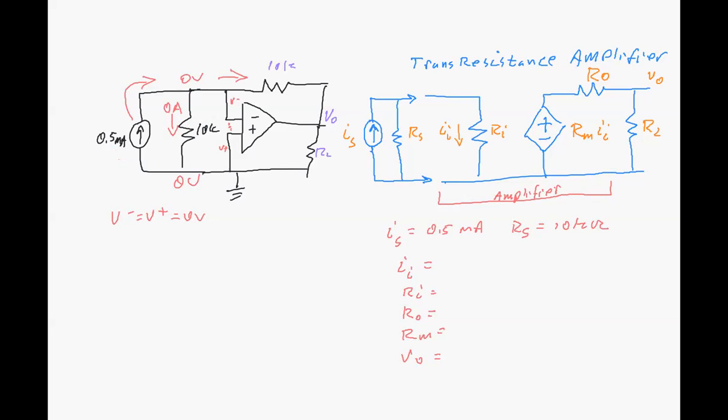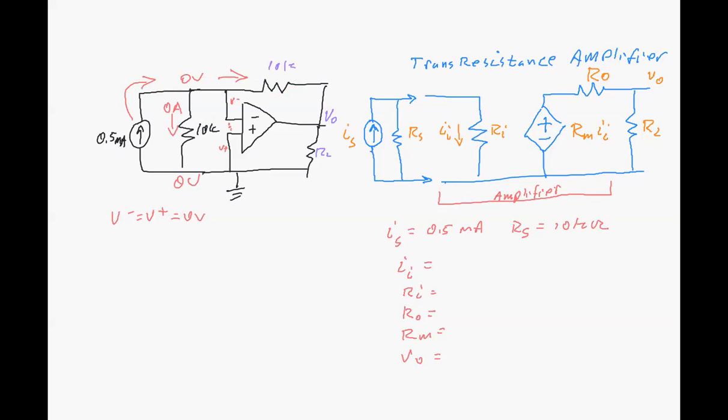And as this current from the current source is going this way, it's going through this feedback resistor, this 10K resistor here, and that's affecting the output of that op amp.